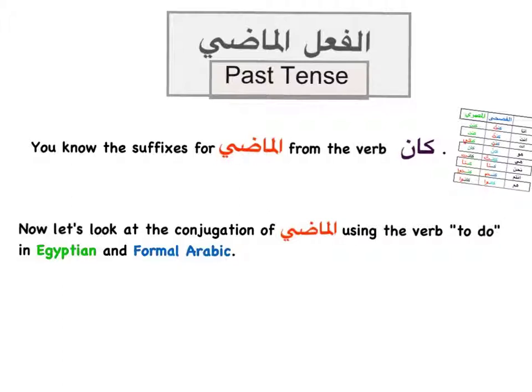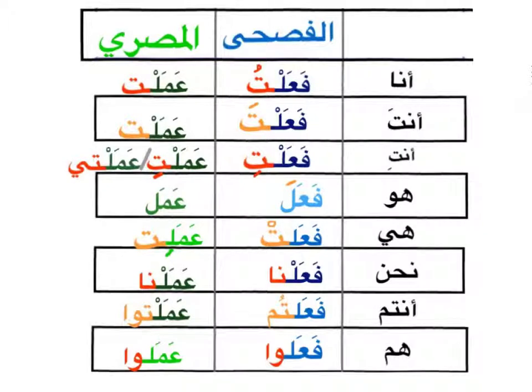Now let's look at the conjugation of ماضي using the verb to do, فعل in Egyptian and in formal Arabic. Okay, let's read فعلت, فعل, verb to do in فصحى and in مصري. Listen carefully.